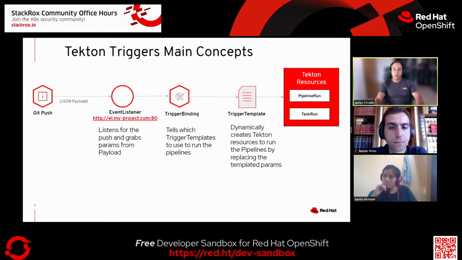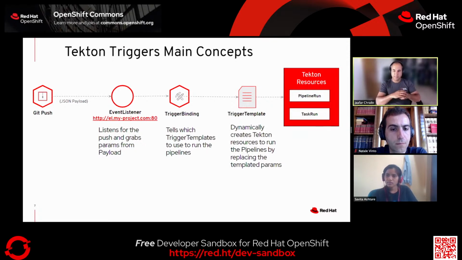So what does the event listener do exactly? You have an application, and it intercepts the events, and then it extracts the data from the payload. Is that correct? Yeah. It extracts that data from the payload and applies it to the trigger binding values, and discards all other values which are not needed.